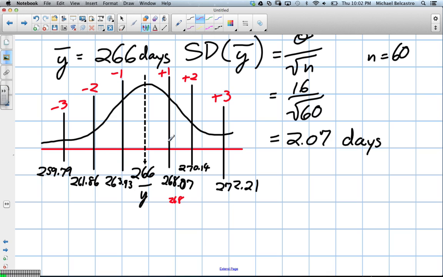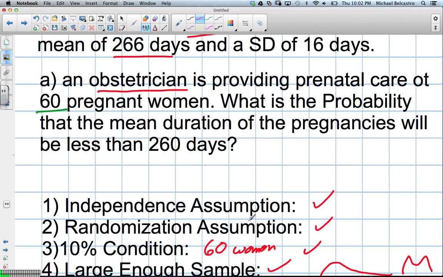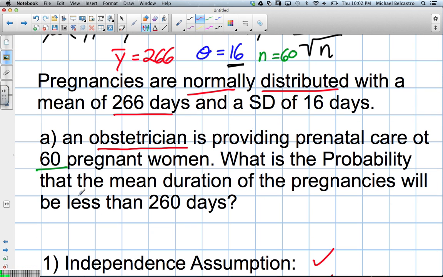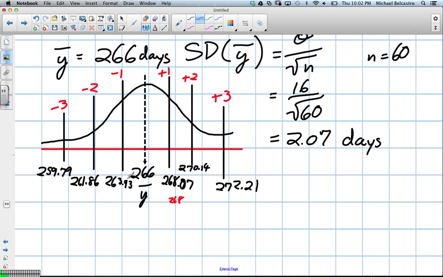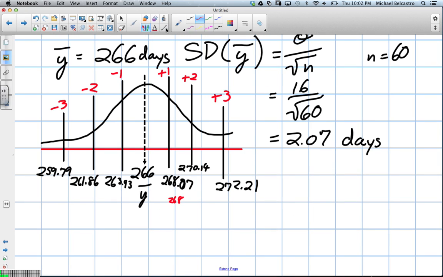So the real question asked us is: what's the probability that the average of these 60 women, the average of all of them, will be less than 260 days? Well, 260 days falls somewhere in here, between the two of them, and they're looking for less than 260. So we're going to have to find that z-score in order to figure this out.